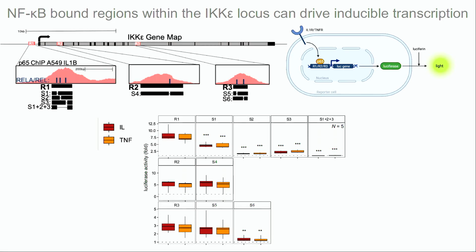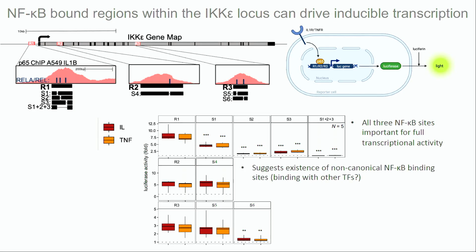As you can see, when we remove S1, S2, and S3, even separately, they all have a significant effect on luciferase activity when exposed to IL-1 beta and TNF. And when you take out all 3 together, it completely ablates that induction. This shows that all 3 NF-κB sites are important for full transcriptional activity.